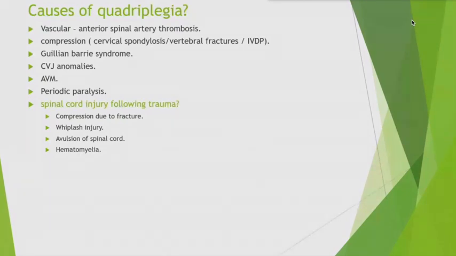Sometimes it can produce posterior cord syndrome. So what happens in posterior cord syndrome? Just the opposite of anterior spinal occlusion. The posterior dorsal column is affected, the rest is okay. And rarely you may get what is called central cord lesion. So what is central cord lesion?